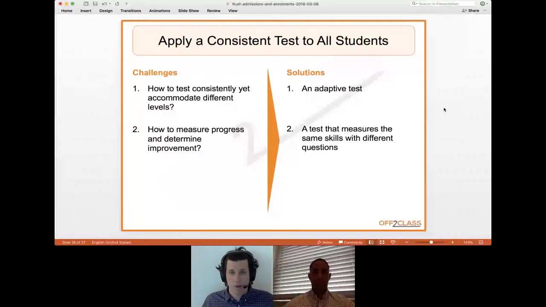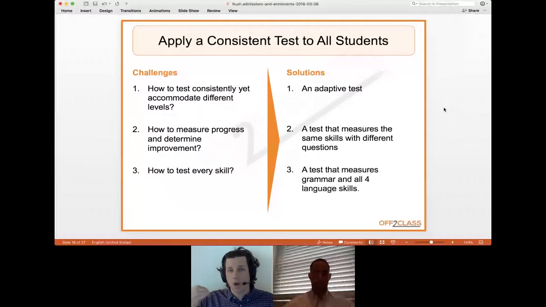And then how do you know when they are ready to join the main curriculum? How do you know if they are ever at a point where they're going to graduate from the second language curriculum? So if you have a test that not only serves as an onboarding tool, but can also be used to measure progress in a different way, while at the same time testing the same skills, then it's something that you can use more than once.